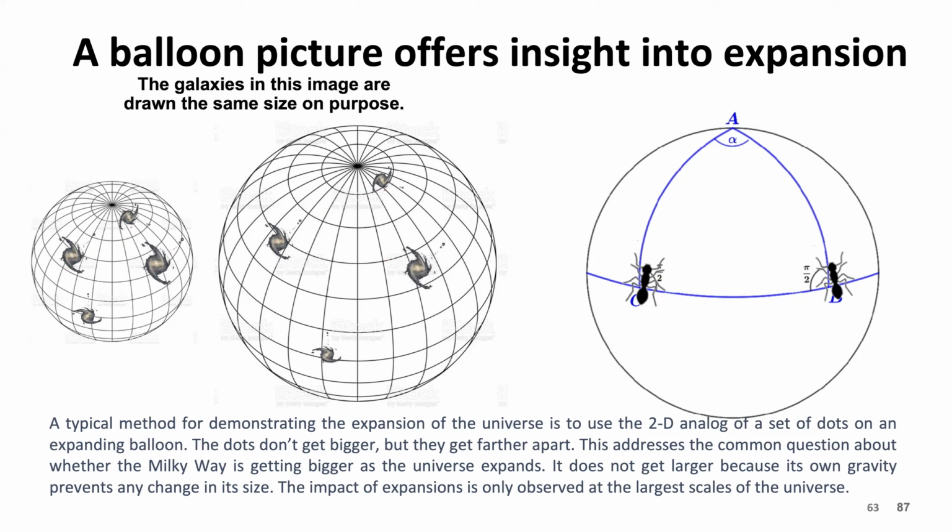That is, the distance between objects, in this case, the ants, the distance gets bigger even if they're not moving. Not because they're moving, they're crawling around. It's because the distance along this measure here is getting bigger because the size of this universe that they live in is getting bigger.